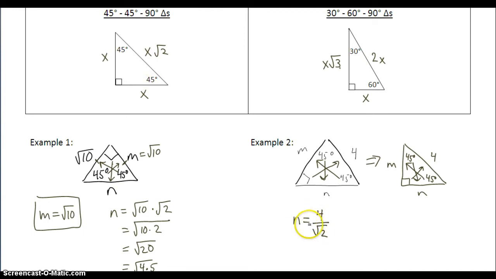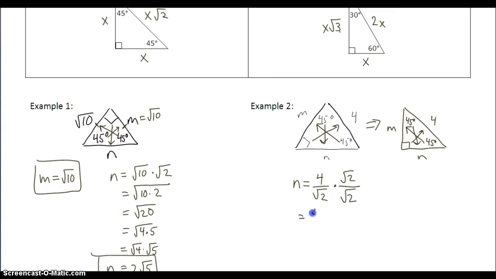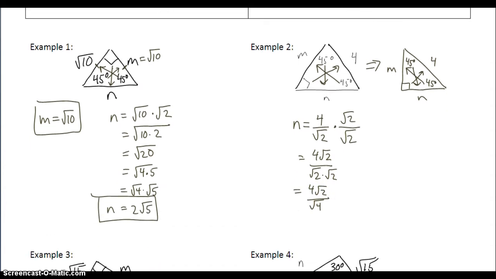Now at this point, I just need to simplify. To simplify, I'm going to rationalize my denominator. Square root of 2 times the square root of 2 turns into the square root of 4. And I know that the square root of 4 is 2.